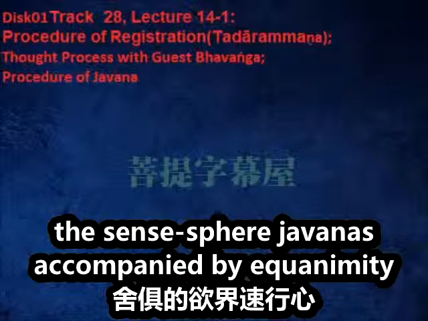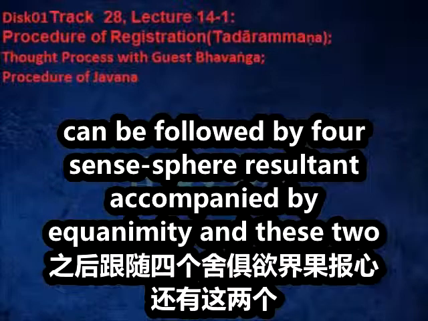The sense sphere javanas accompanied by equanimity can be followed by 4 sense sphere resultant accompanied by equanimity and these 2.